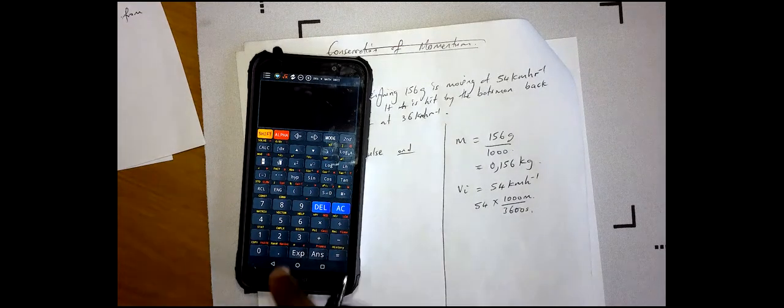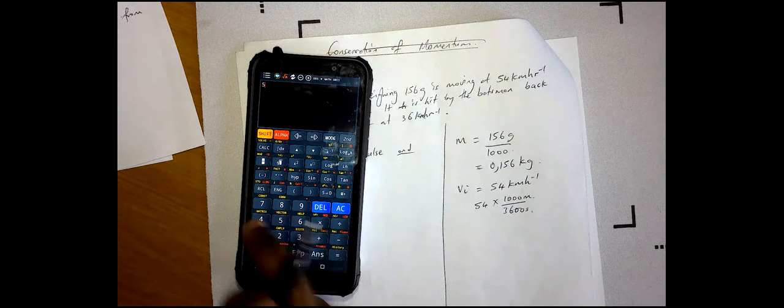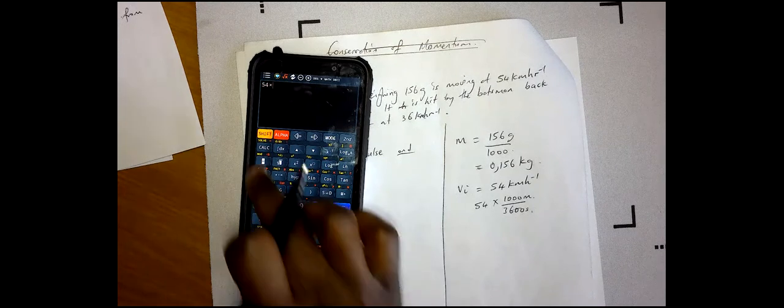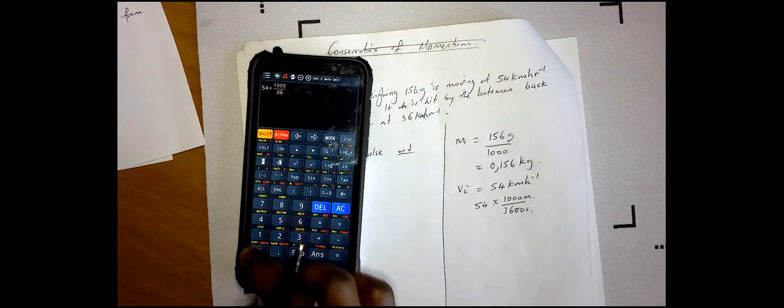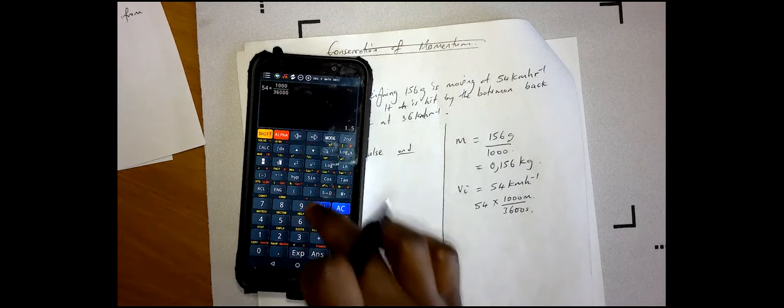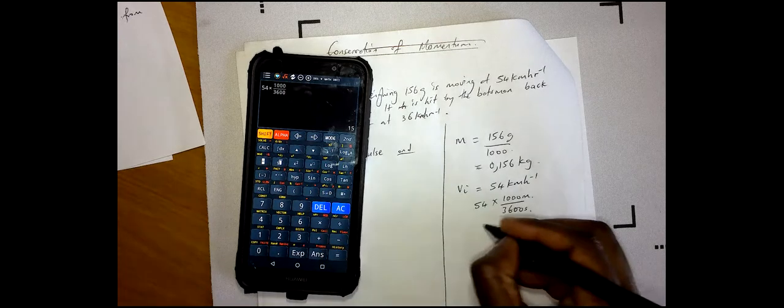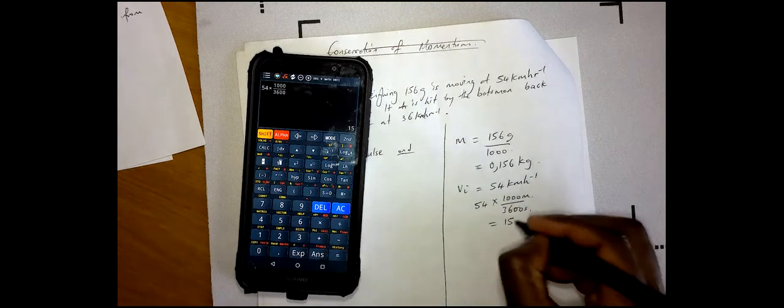So what do we get here? 54 times 1,000 over 3,600. We get 15 meters per second.